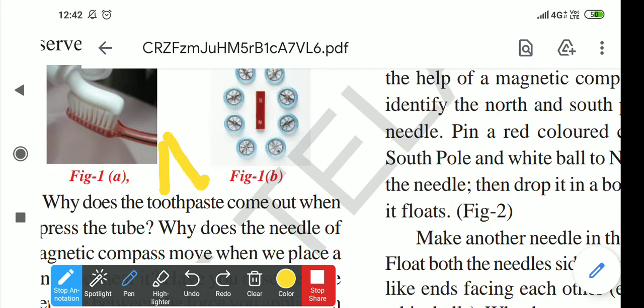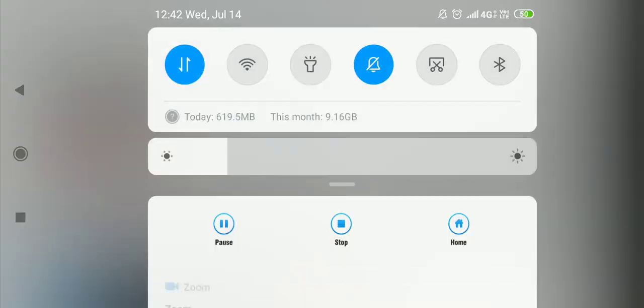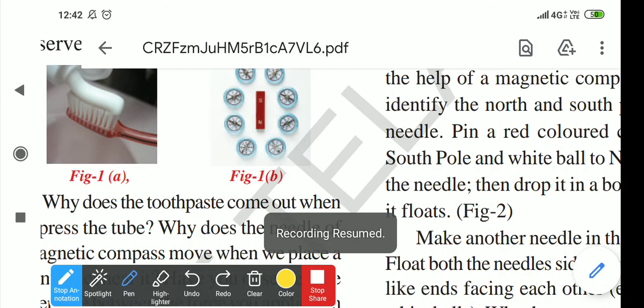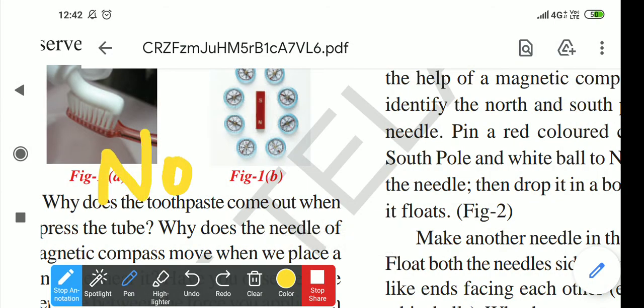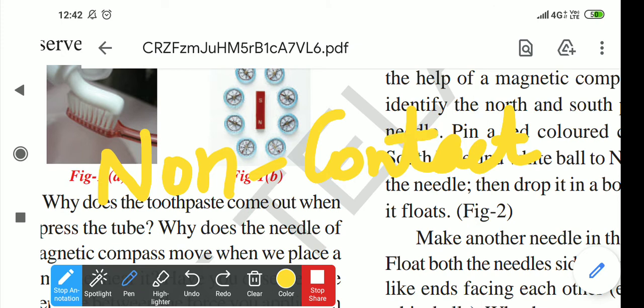See here, what is meant by non contact? There are two types of forces: non contact and another one is contact forces. What is the difference? In general, what are the terms which we define as contact and non-contact?